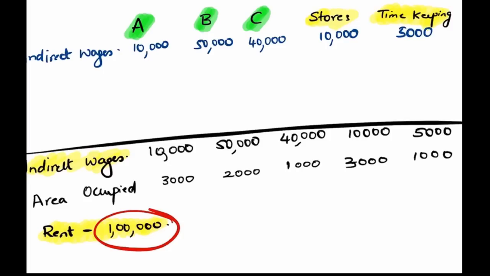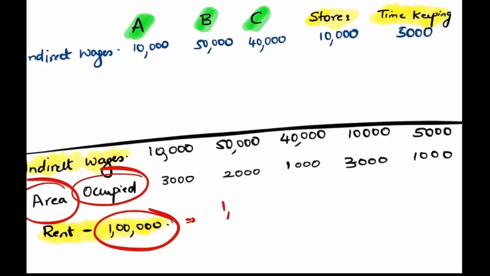I don't know anything for a particular cost center. So I know 1 lakh is spent between A, B, C, stores and timekeeping. I know one reasonable basis of dividing my rent will be based on the area occupied. So for the first one, how do I divide it? Let's look into this.